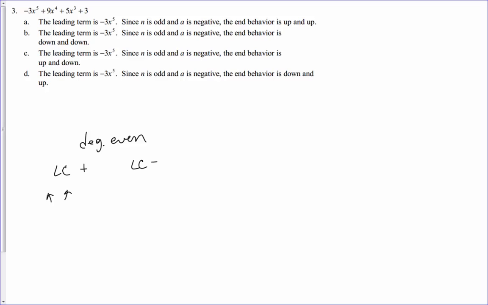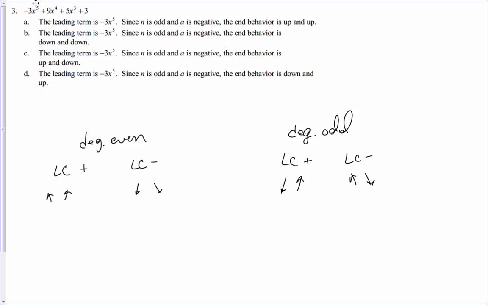If your leading coefficient is negative, your end-tail behavior is down, down. Okay, if your degree is odd and your leading coefficient is positive, your end-tail behavior is down, up. If your leading coefficient is negative, it is up, down.